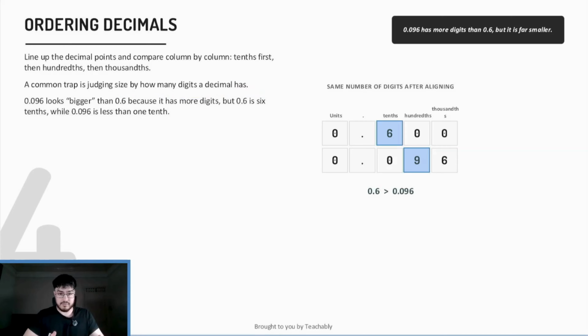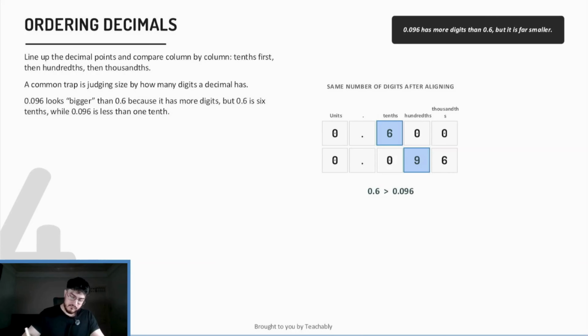Make sure you don't fall into that trap. So 0.096 looks bigger than 0.6 because it has more digits, right? It has these two massive digits, it's 96. However, 0.6 is clearly bigger if you look at the place of where the 6 is. It has more digits, but 0.6 is 6/10, while 0.096 is less than 1/10.